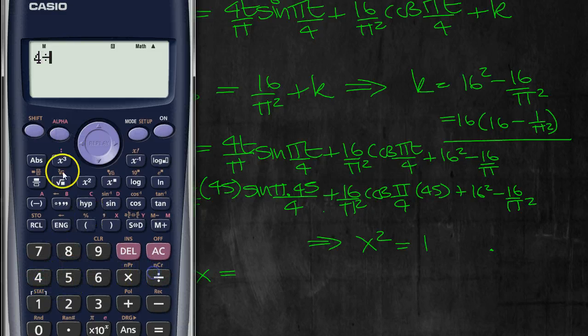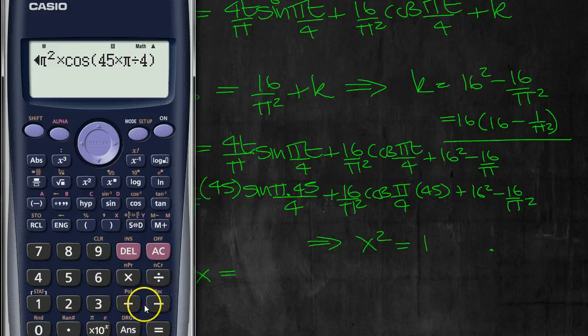So 4 divided by pi times the 45 times the sine of 45 pi divided by 4, close the sine bracket. That's that done. Plus 16 over pi squared times the cosine of 45 pi over 4. 45 times pi divided by 4.